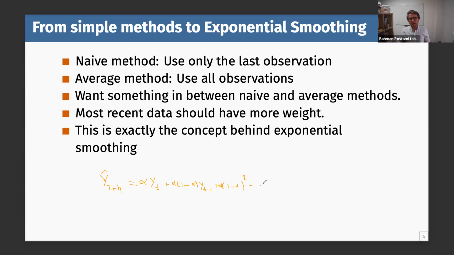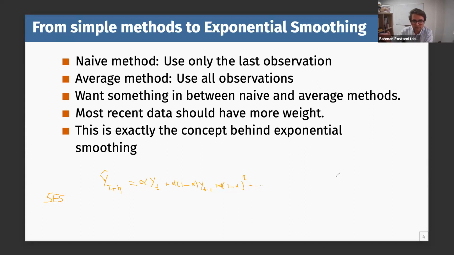So I can write this forecast of exponential smoothing in terms of how weights are distributed like this, and this is the simplest exponential smoothing. We call it single or simple exponential smoothing. So if you see SES, it refers to simple exponential smoothing.